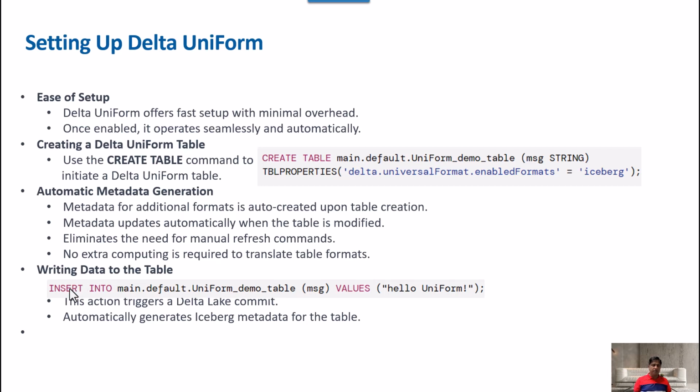It's very easy. It's the standard INSERT INTO command: INSERT INTO main.default.uniform, the name of the table, and then VALUES, the same way we do a normal SQL insert statement. This action triggers a Delta Lake commit, and it automatically generates the Iceberg metadata for the table based on these values.